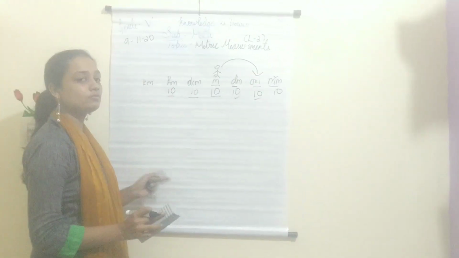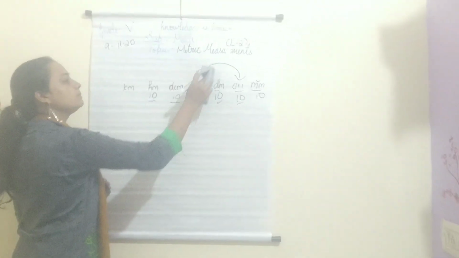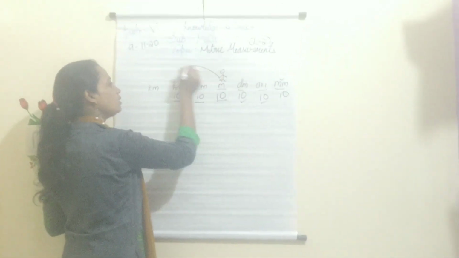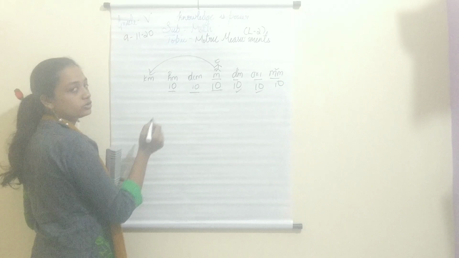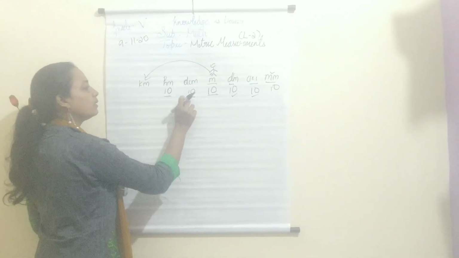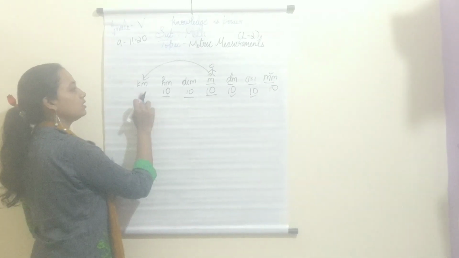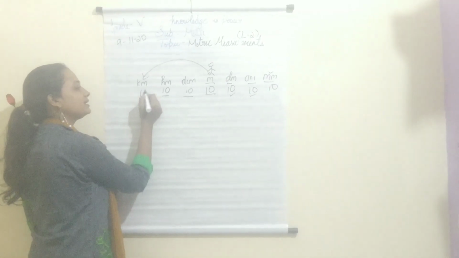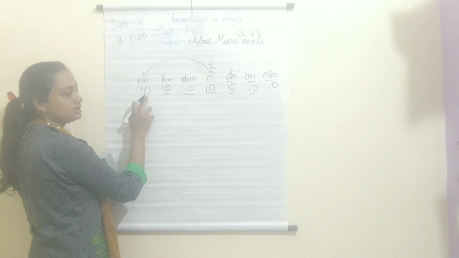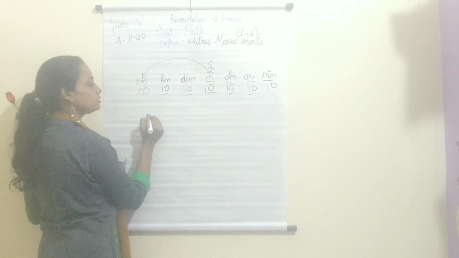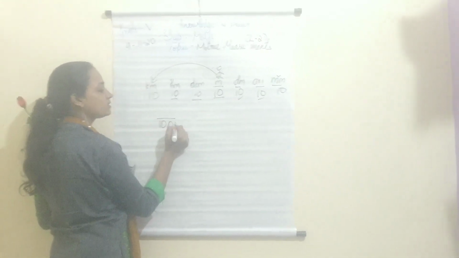Now let's see moving backward. Means I am in meters now and I want to go back to kilometers here. So I should divide it by 1, 2, and I should take this also into consideration. Let me write 10 here. 1, 2, 3. 3 steps I am jumping, so I will be dividing it by 1000.